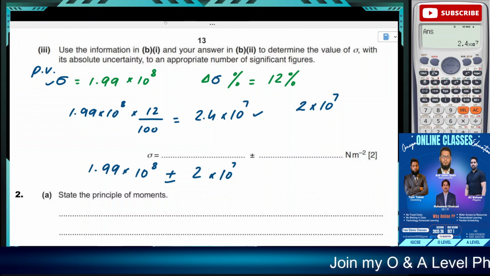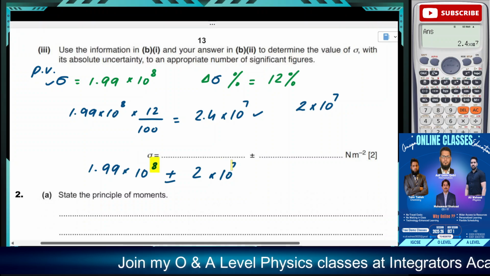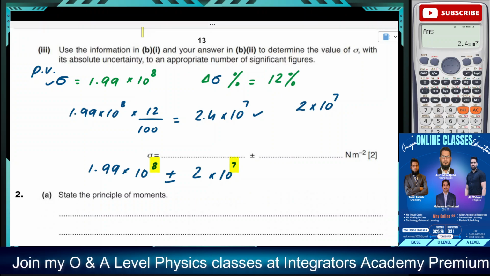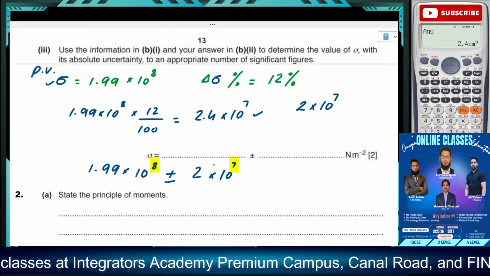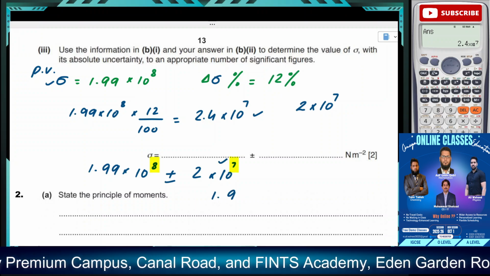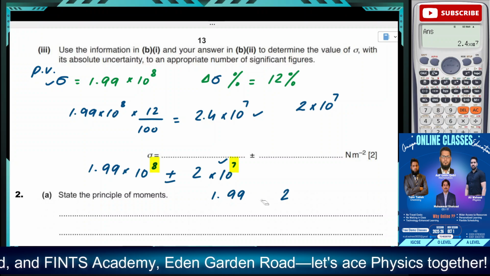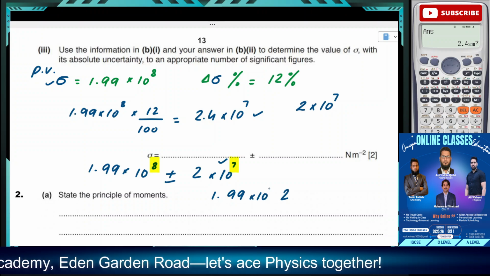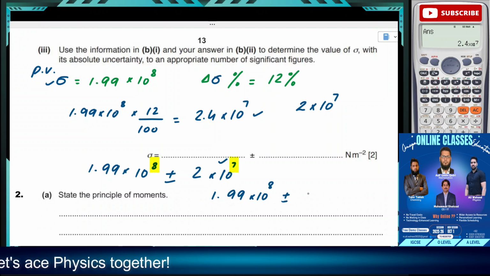But now you have to make sure the exponents are also same. Whenever you write uncertainty with the principal value, the two exponents should be same. So you can write this one as 1.99 into 10 to the power 8 plus minus 0.2 into 10 to the power 8.